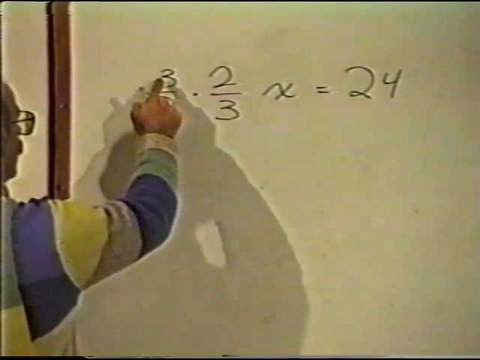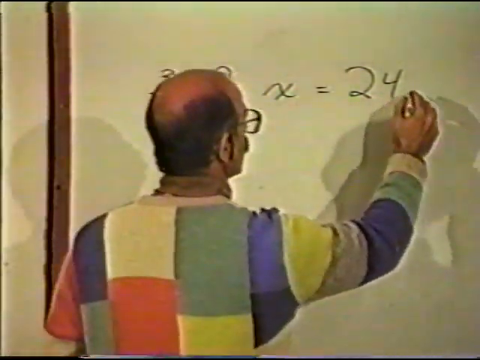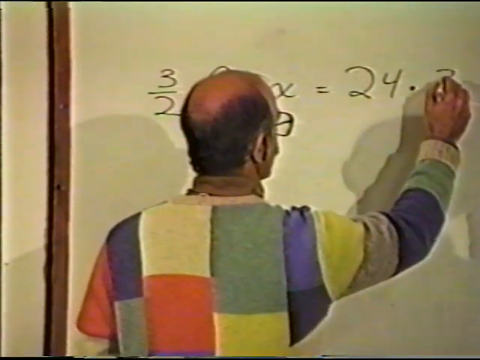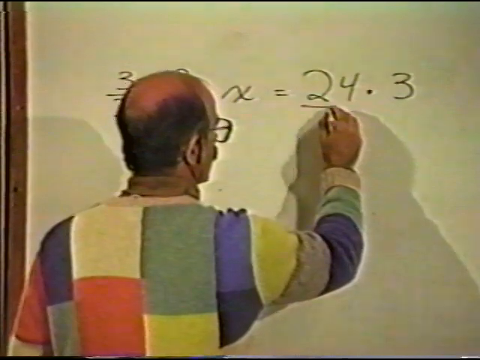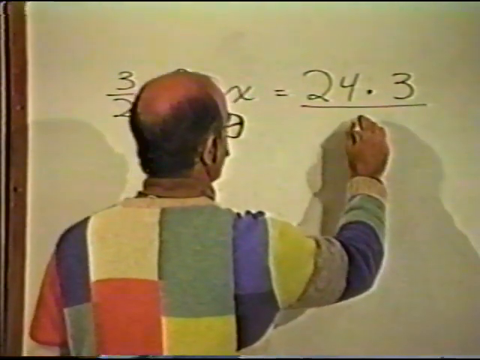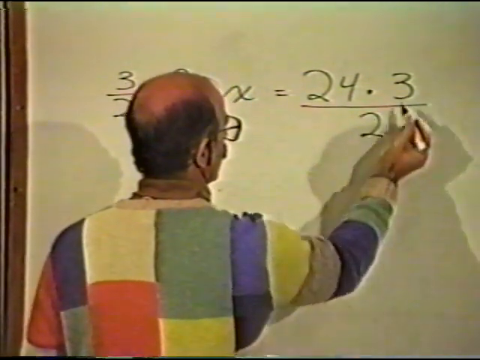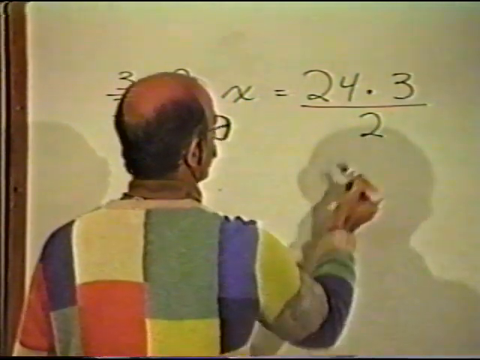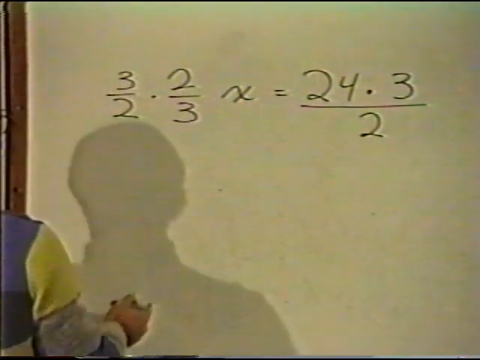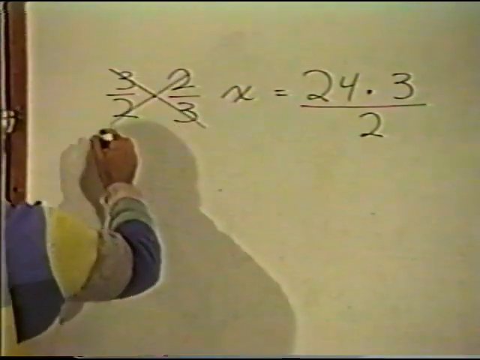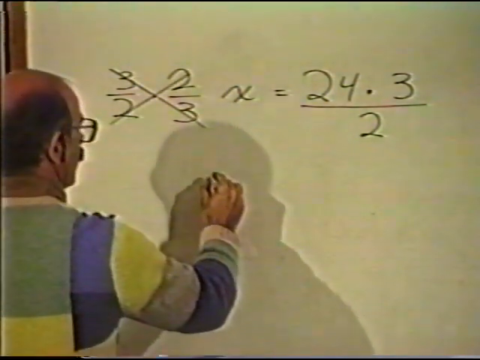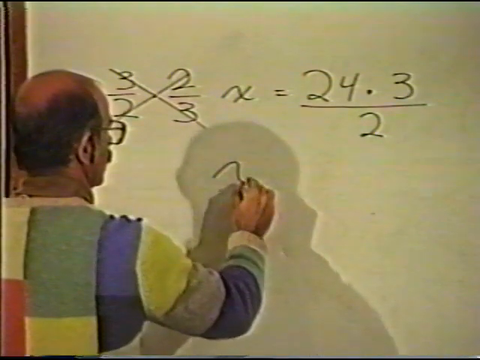We do it to this side, and we also do it to this side. And we have a very tricky way of writing it. We just draw a line here and put the 2 underneath. There's the 3/2. Now, on this side, we can just cancel away the 3's and the 2's, and we'll end up with just plain x.